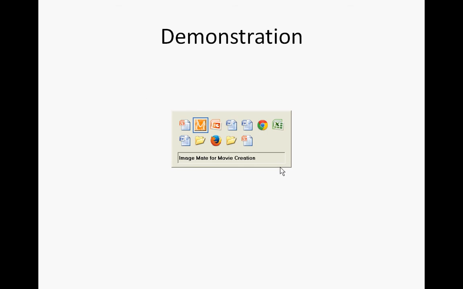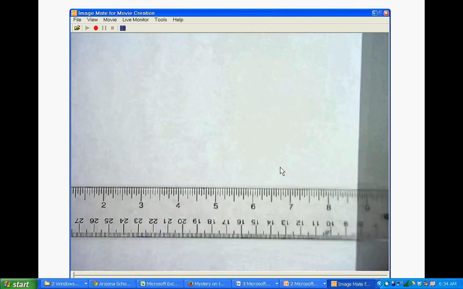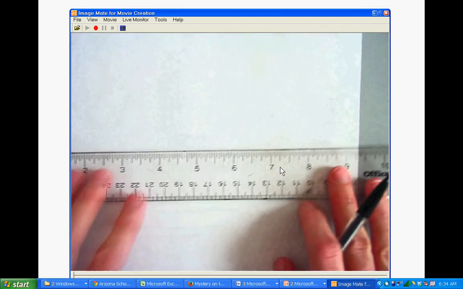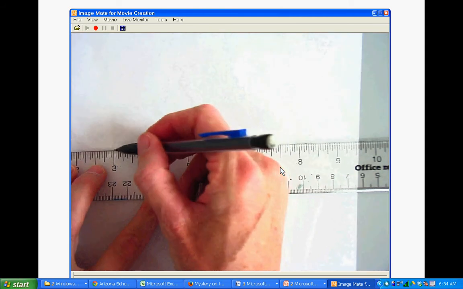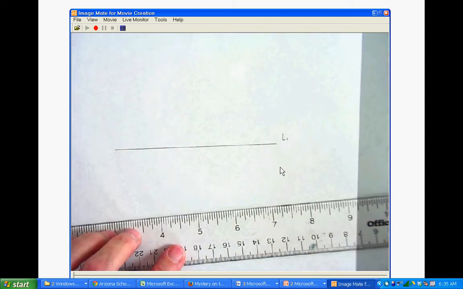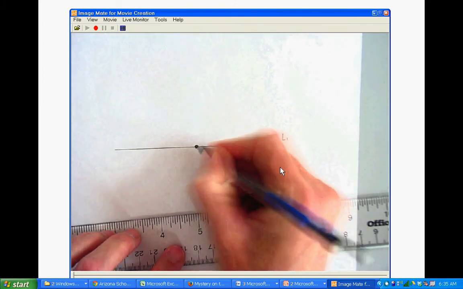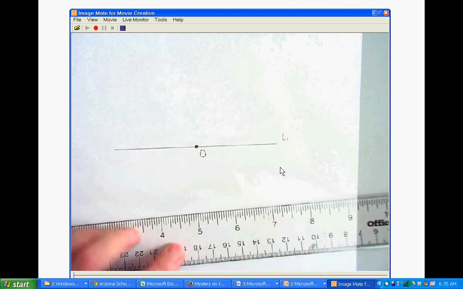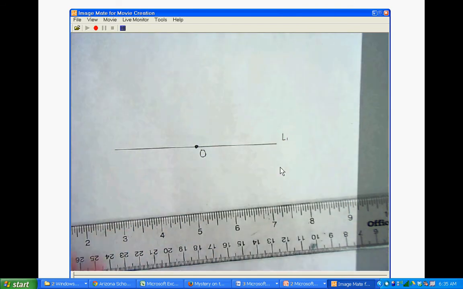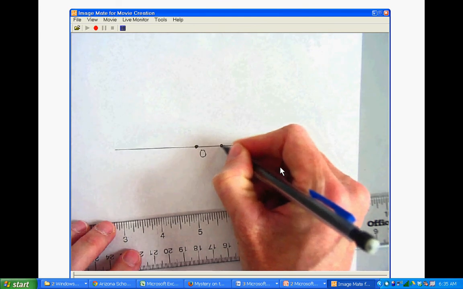So let's go ahead and take a look at that. On your paper you already have this, but if I have a line, so here is L1, and I have the point of dilation O that is on line L, then we pick 2 more points.